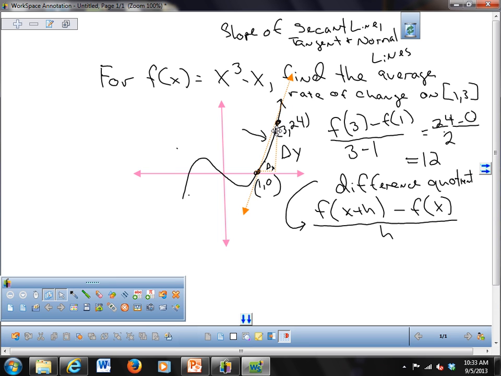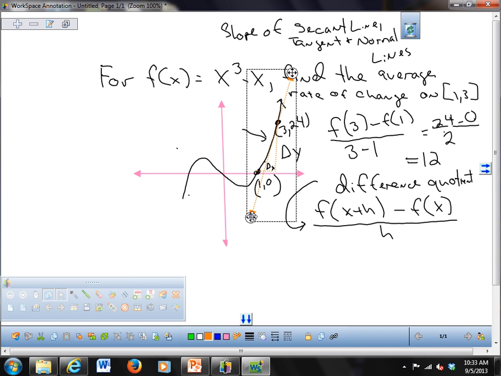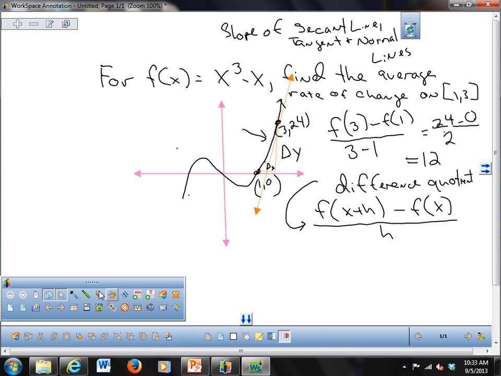So say you want to know the exact rate of change right at 3, okay? Well, you could take this line here, watch this trick, okay? And it would get steeper, right? Say I want to find the rate of change exactly at this point. To do that, I would take this point right here, and I'd slide it down, and I'd make my delta h's and delta y's smaller and smaller and smaller.